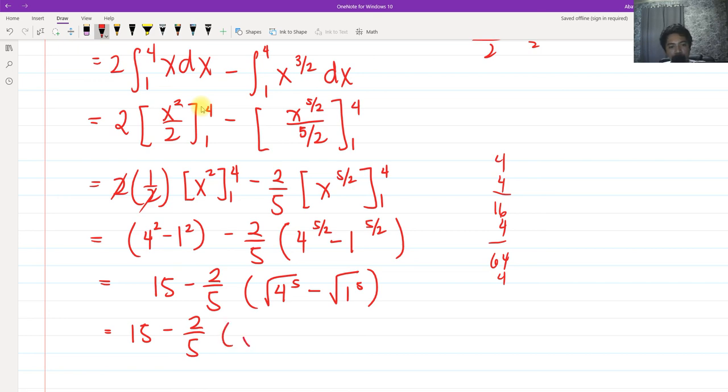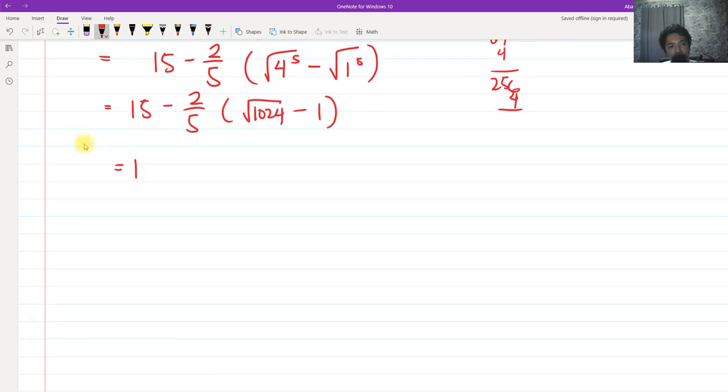So that would be the square root of 256 minus the square root of 1 raised to 5. 1 raised to 5 is 1, and the square root of 1 is still 1. Sorry, this would not be 256 because we already have 4 raised to 4, so this must be times 4. 256 times 4 is 1024. The square root of 1024.